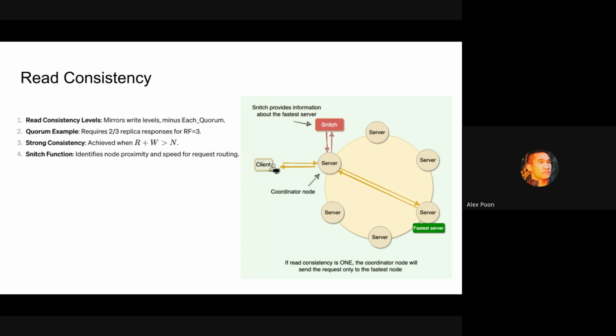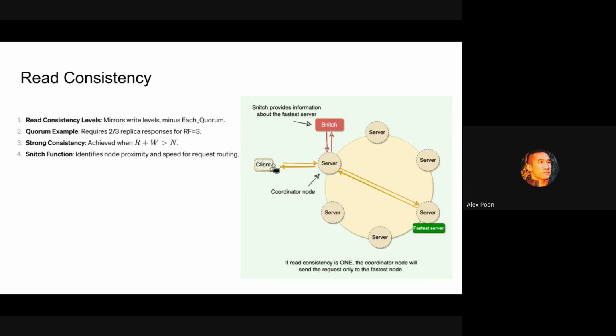Cassandra has the same consistency levels for read operations as for write operations, except for each quorum, because it's very expensive.